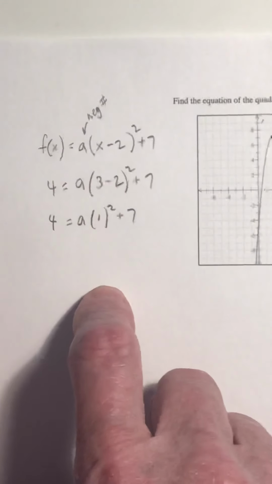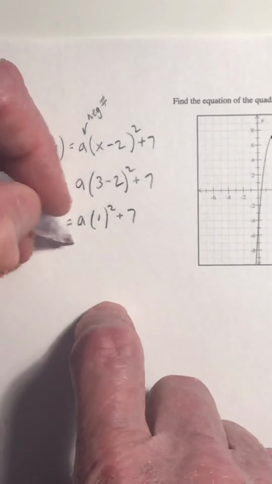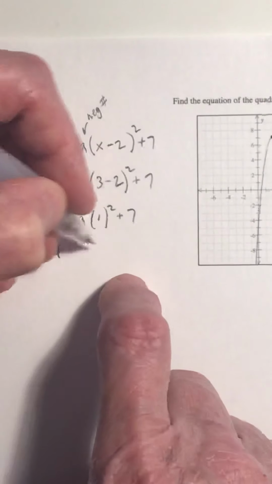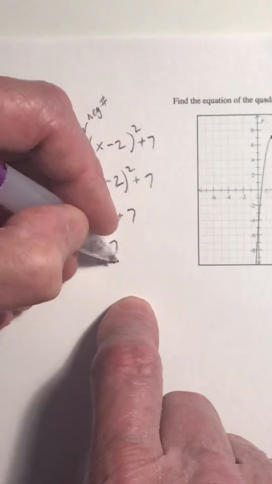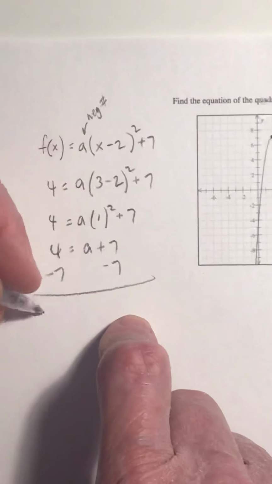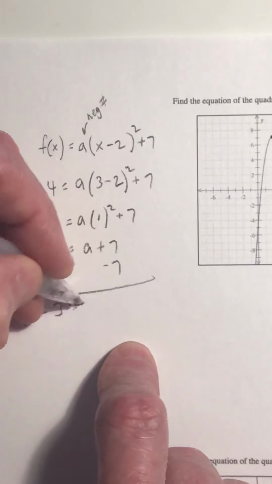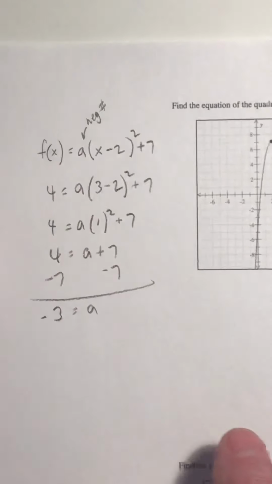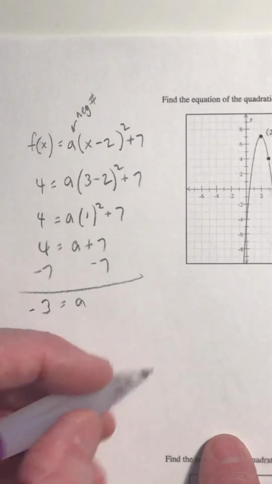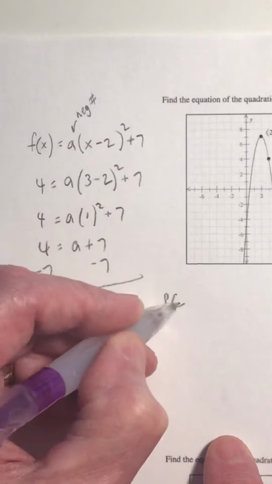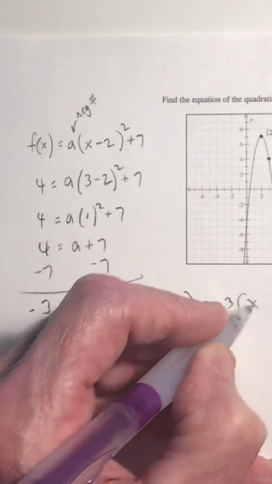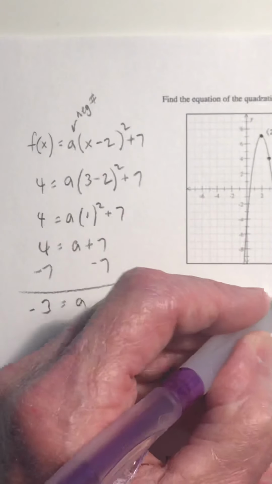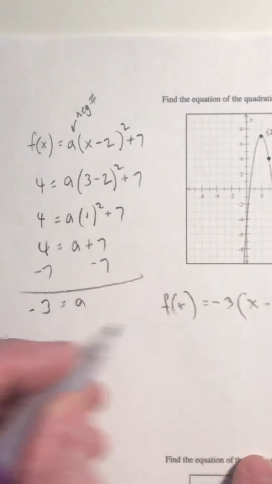I didn't even need a calculator. 1 squared is 1. So if it's just a times 1, we might as well just write a. And then if I take away 7 from both sides, I've got negative 3 for a, and I'm ready to write my answer. f of x is negative 3 times x minus 2 squared plus 7.